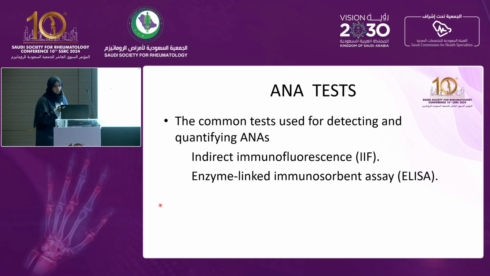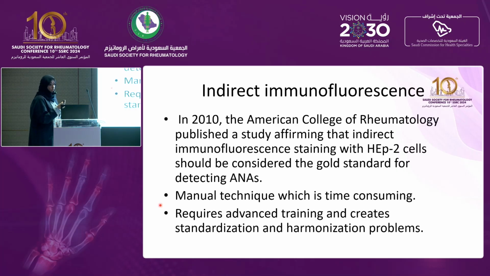So how can you detect the ANA, or what ANA test can you perform in the lab? Only briefly, I know this is from the laboratory side, but it is important to know because when you see the result, you will find that the test was done by immunofluorescence or by enzyme-linked immunosorbent assay, which we call ELISA. So what is the difference between the two tests, and which should you depend on?